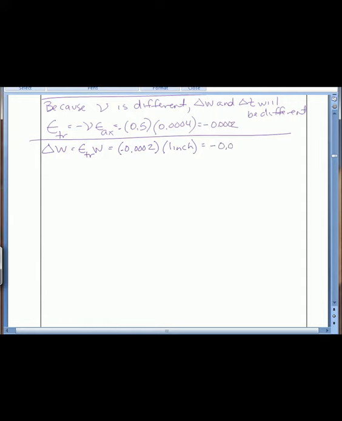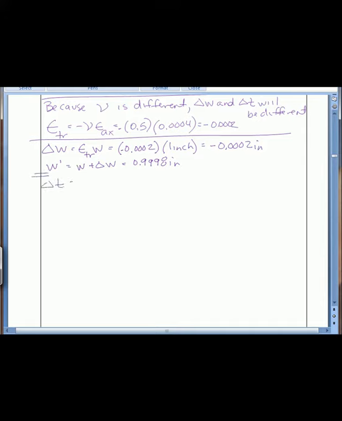So easy math in that case is 2/10,000ths of an inch. Your new dimension is equal to the old dimension plus the change in the dimension. Originally the width was 1 inch. If we lose 2/10,000ths, we end up with 0.9998.